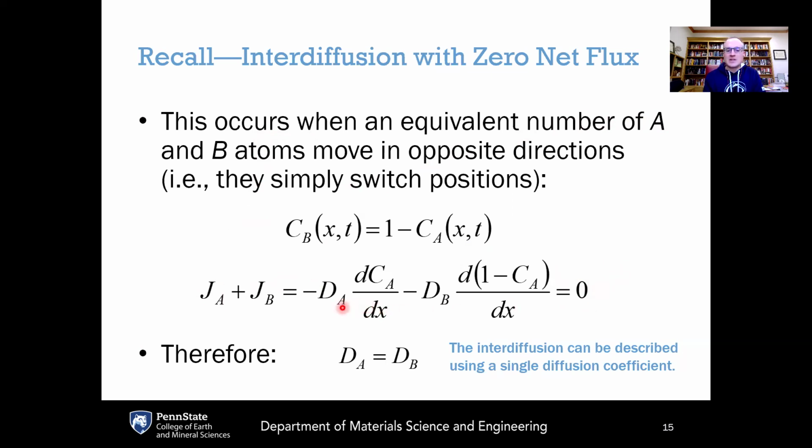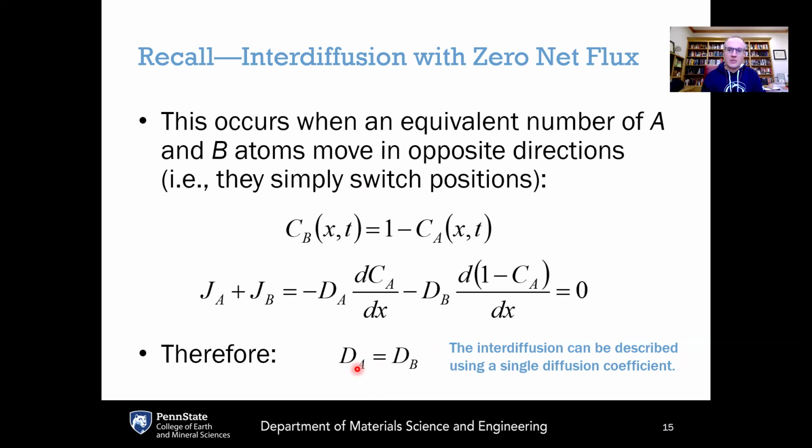And in that case, instead of having separate diffusion coefficients for the two different types of atoms, instead of having separate D_A and D_B, we have just one independent diffusion coefficient, since the diffusivity of both types of particles are equal to each other. They're both moving at the same rate if all they're doing is merely swapping positions with each other.